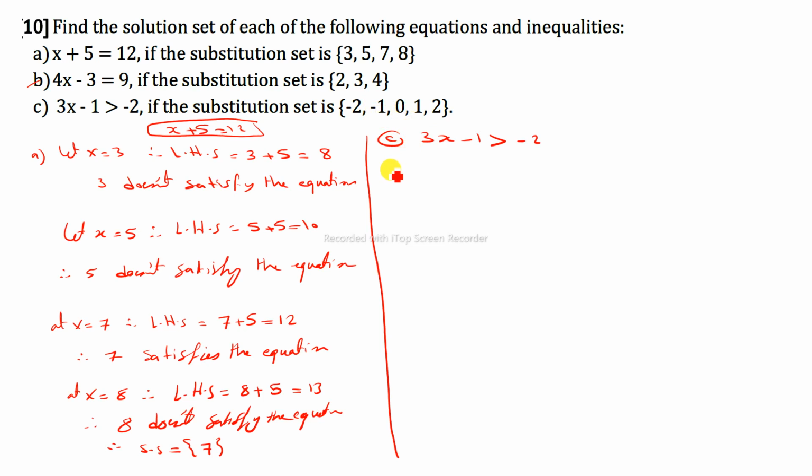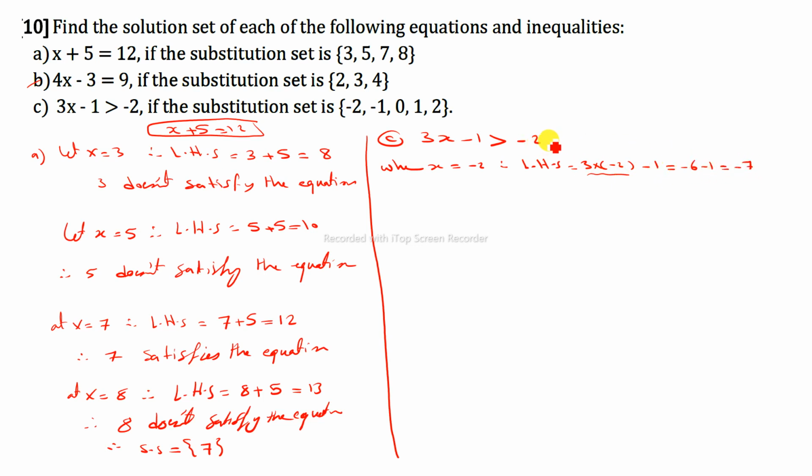أول حاجة عندي when x is equal to negative 2، هل ده satisfies the inequality or not? Then the left hand side of the inequality 3 times negative 2 minus 1. هنحسبها 3 times negative 2 negative 6, negative 6 minus 1 negative 7.